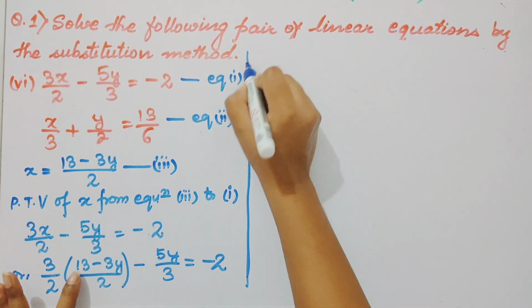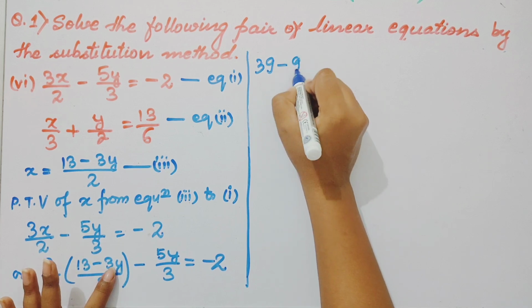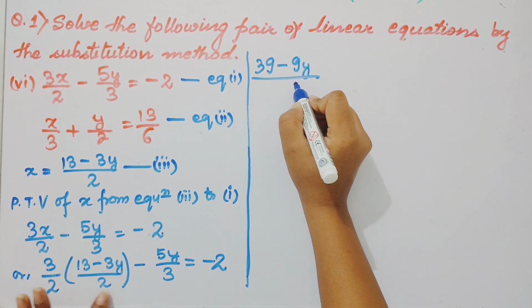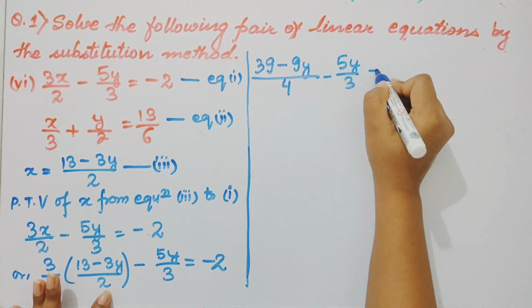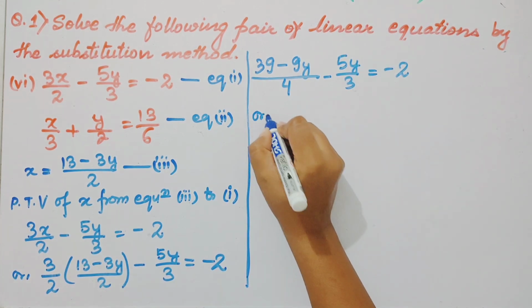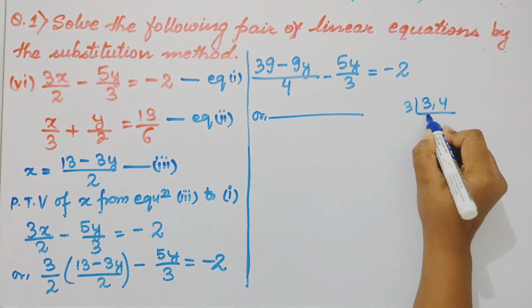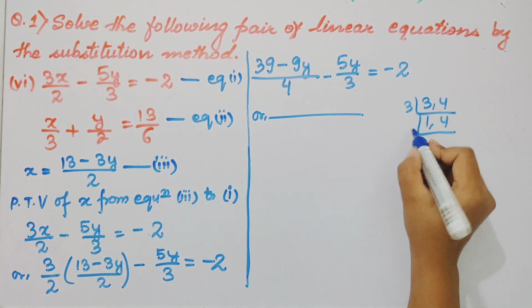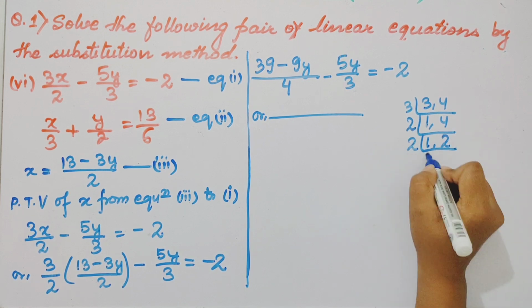3 into 13 is 39 minus 3 into 3 is 9y, 2 into 2 is 4, minus 5y by 3 equals minus 2. Let us find the LCM of 3 and 4, which is 3 into 1 is 3, 4 will be undivided, and 2 into 2 is 4, and 2 into 1 is 2.